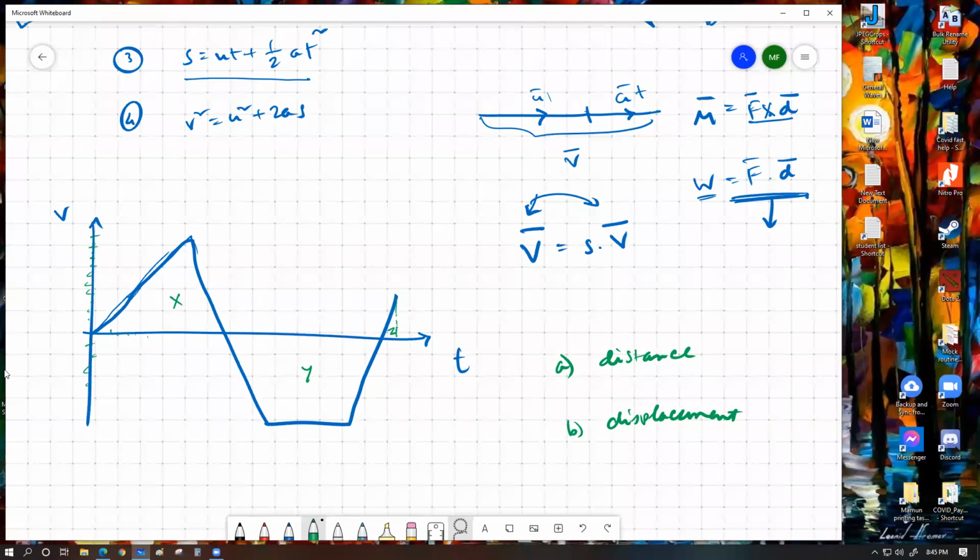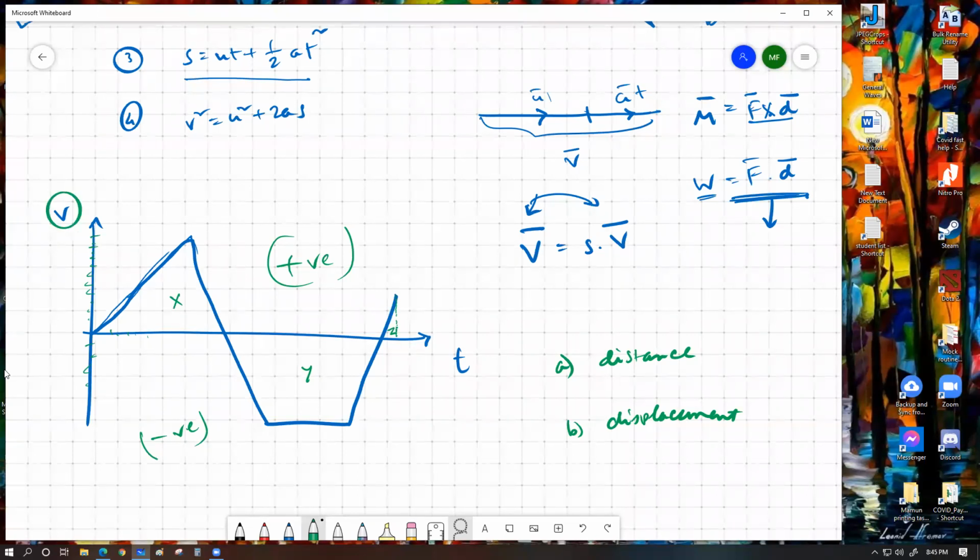But if you're trying to find out the displacement of the object, you have to consider that this is the part of the graph which has a positive velocity. This is a part of the graph which has negative velocity, which means for this part the object was moving in one direction, let's say right. For this part the object was moving in the opposite direction, let's say to the left, which means the displacement should be calculated in accordance with how the value of v is changing.